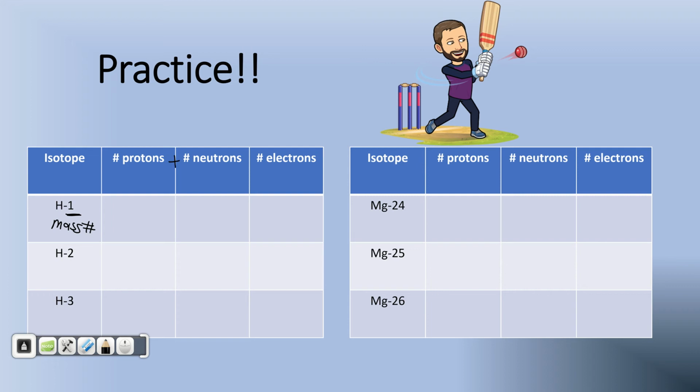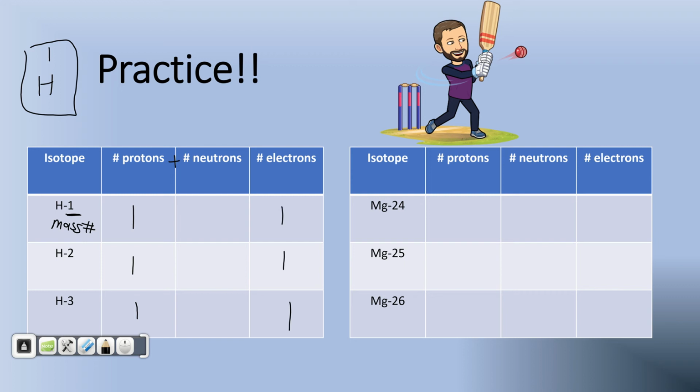How I'd figure this out is I'd look up hydrogen on the periodic table and see that it has the number 1 at the top of the element. That's the atomic number, so all the hydrogens have 1 proton. We can skip neutrons for a minute. We can say all the hydrogens have 1 electron because we're still assuming they're electrically neutral.